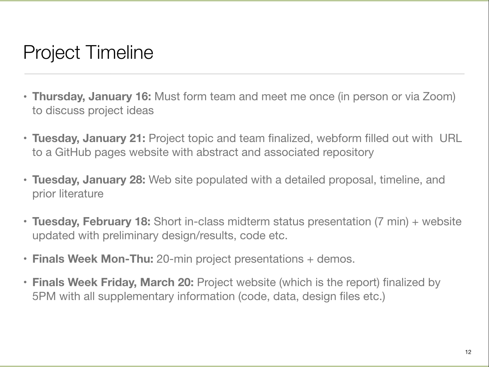One of the lectures is for that, where you present the project objectives and any preliminary design results, code, etc. Your website, which is essentially going to be your final project report, should reflect that.